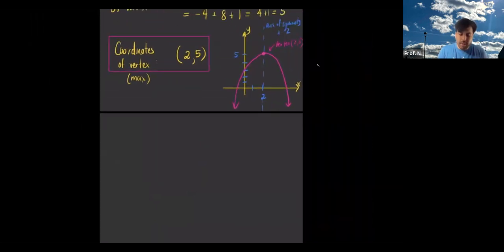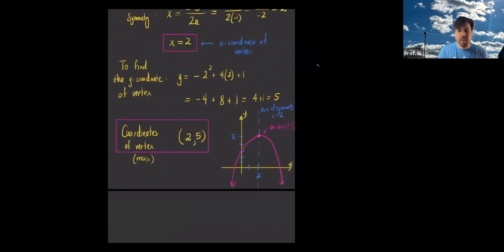Oh, and one thing I forgot. From here on out, we are concerned not just with the way it looks, right? But we're also concerned with the domain and the range. So here again, we talk about the domain and range.